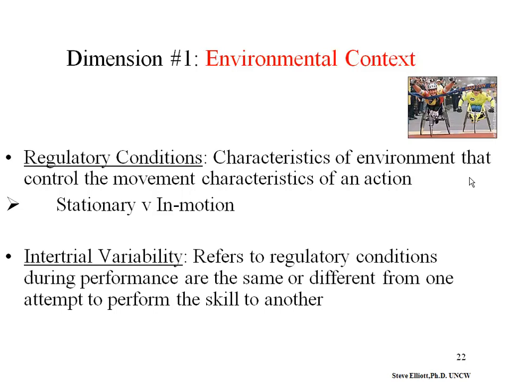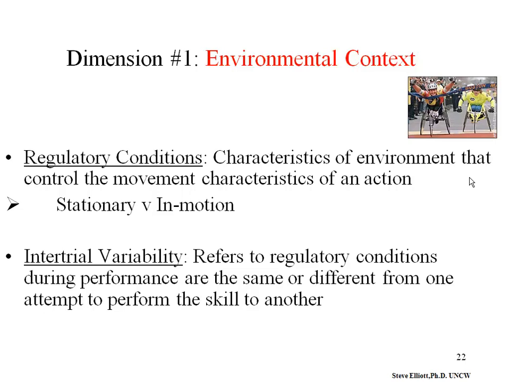And then the intertrial variability aspect of the environmental context looked at whether the regulatory conditions during performance are the same or different from one attempt to perform the skill to another. So we're looking at the consistency of the context or the environment. Is it always the same?